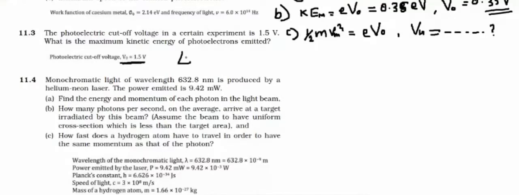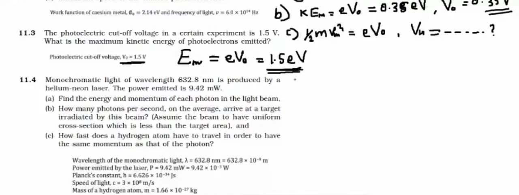So, maximum kinetic energy Ke max will be equal to eV naught. Therefore, the answer will be 1.5, energy we can write in terms of electron volt. So answer is 1.5 electron volt.